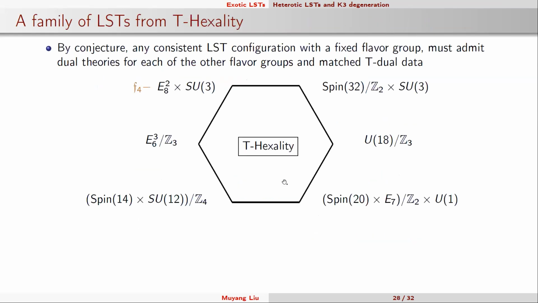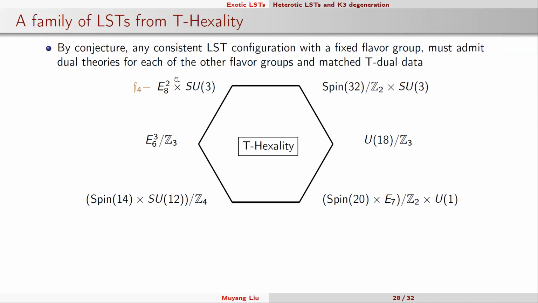And then we conjecture that any consistent string theory configuration with a fixed flavor group, here I'm talking about E8 squared times SU3, probing the F4 singularities, must admit the dual series from each other flavor group in the same K3s.